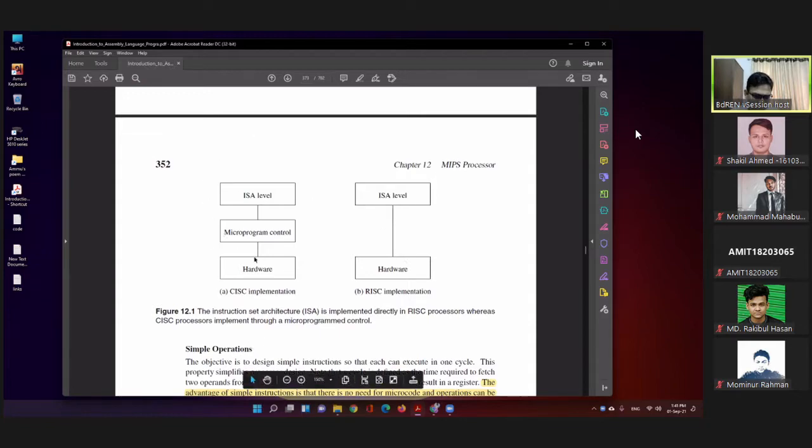So why do the more complex one? This was used long before, because we had a very small amount of memory. But nowadays we don't have less memory, so we can afford so much code for just one instruction. Right, that is the difference.